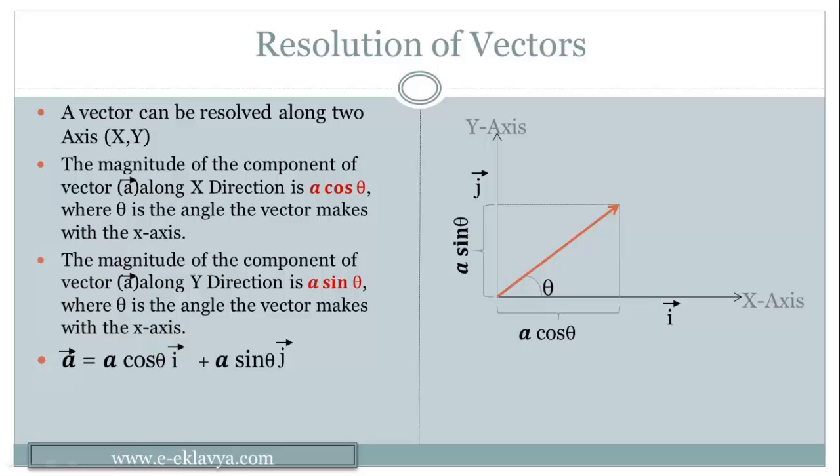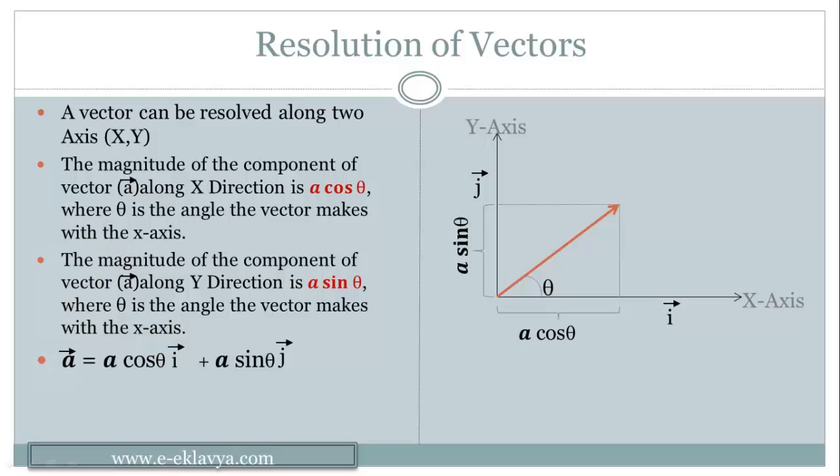This would be useful when we are trying to deal with multiple vectors. For example, if we're dealing with two forces pulling an object, you need to understand where the resultant force would be. In order to solve these kinds of problems, we need to resolve vectors.